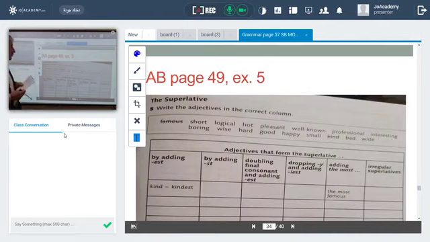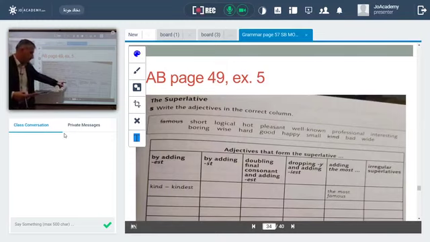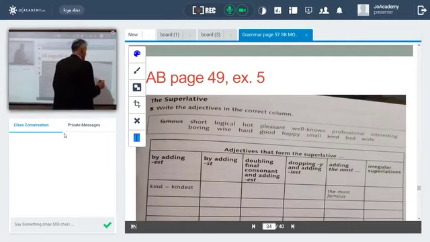We have famous, short, logical, hot, pleasant, well-known, professional, interesting, boring, wise, hard, good, happy, small, kind, bad, wide. So look at these adjectives, please, and start telling me. Here they have put some of them, and we need to complete the table.